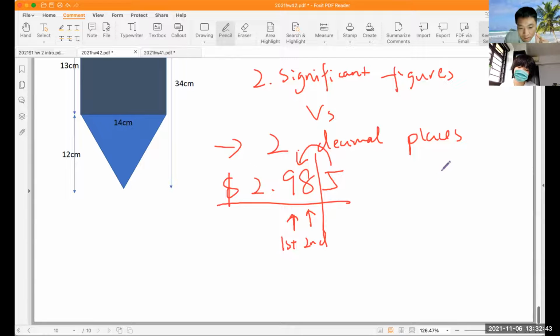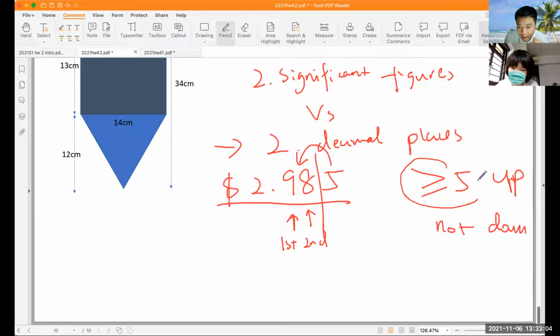The requirement is whether it's bigger or equal to 5. If it's bigger or equal to 5, you round up. If not, you round down.